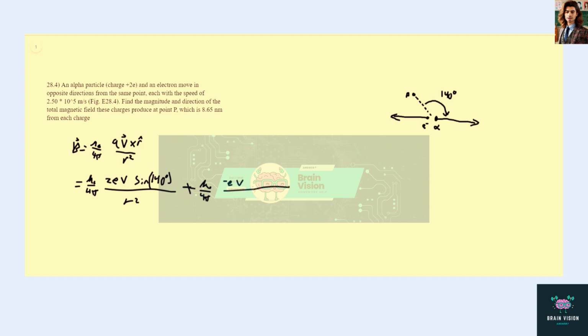This time the angle between them, if clockwise is our positive direction, going from vector r to vector v is negative 40 degrees, because that is equivalent to going counterclockwise 360 degrees minus the 40 degrees that's remaining. So that's why we have sine of negative 40 degrees, over r squared.